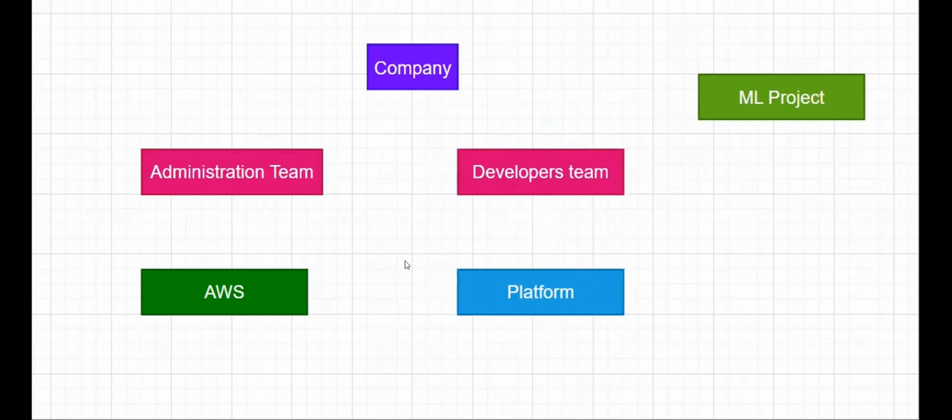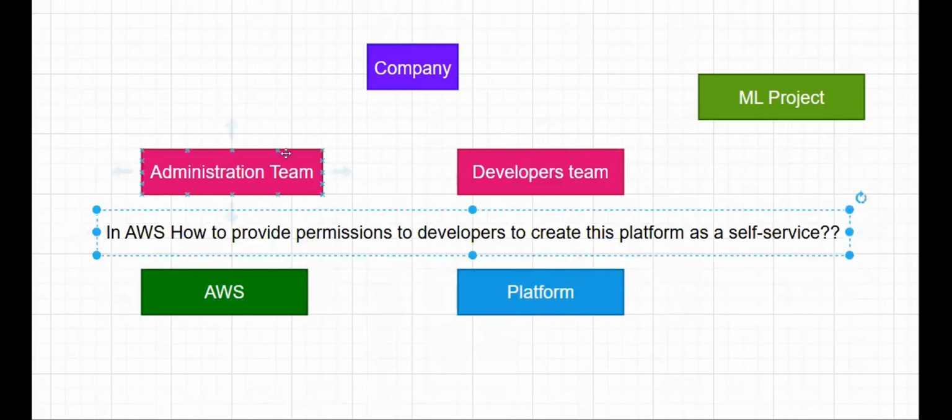Even though these developers don't know about infrastructure or how to create the platform, how can these admins provide permissions to these developers to create this platform whenever they require? As a self-service, whenever they require, how do they create these platforms in the AWS Cloud and use them? So that is a major question that arises right now for the administrative team.